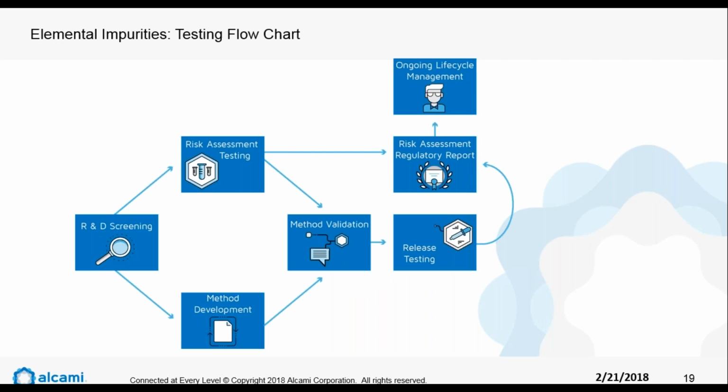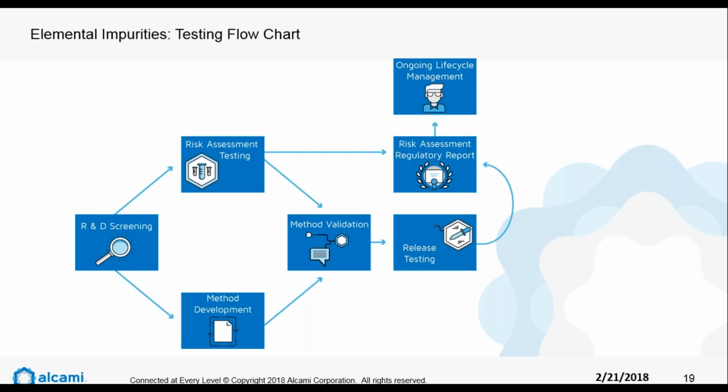And then the last thing to go over was a few things we've done for our clients recently. To start with the R&D screening, we've had this used very early on in the phase of products, where people are looking at the excipients or the materials and want to get a feel for the elemental impurities present as they're making decisions on what they're going to use, or even vendors.